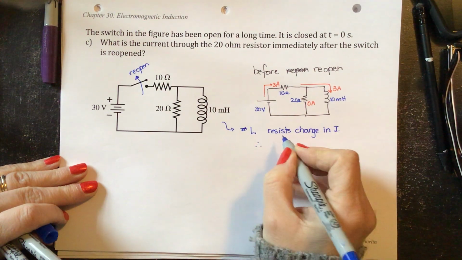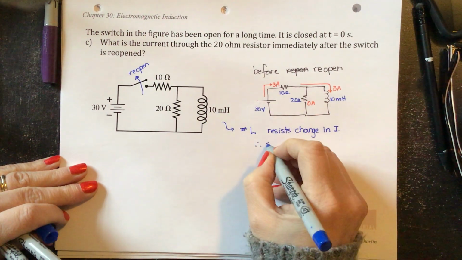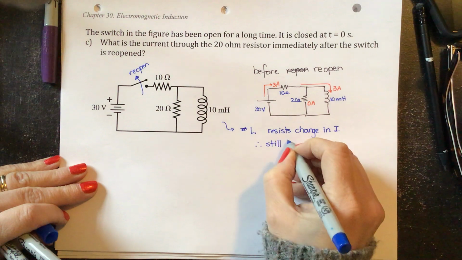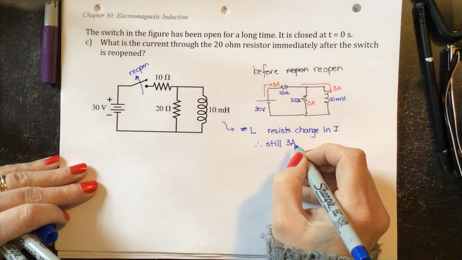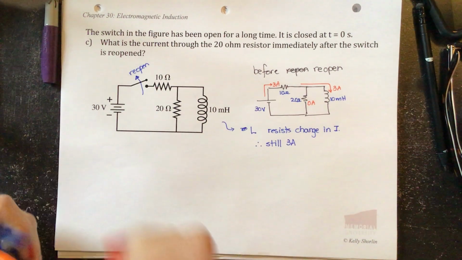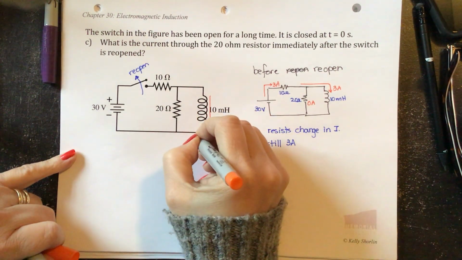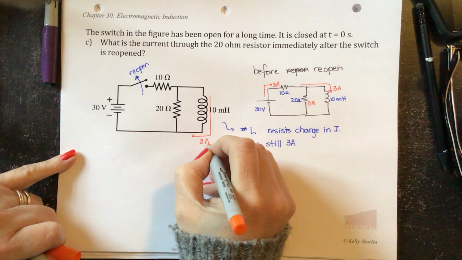So the current flowing through the inductor is still going to be 3 amps because it doesn't want to change immediately after we reopen the switch. Okay, so we've got 3 amps flowing through the inductor. I'll label that guy 3 amps.